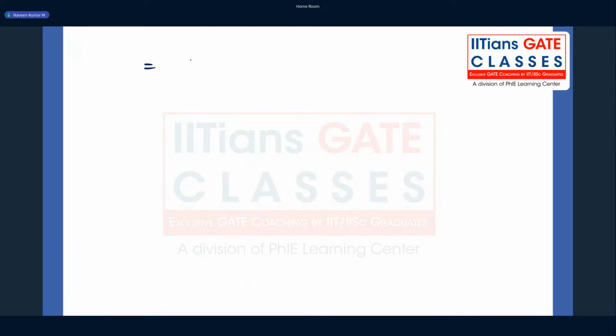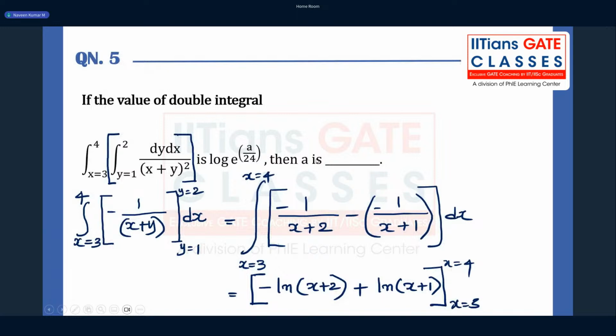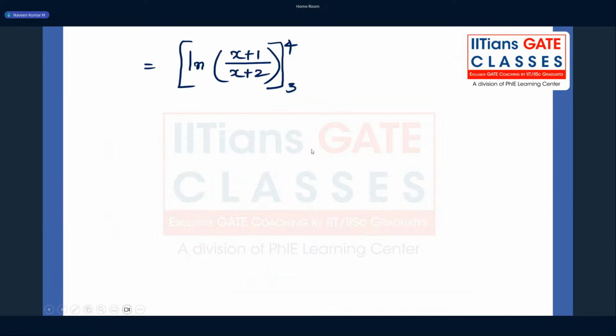So this will be ln of x plus 1 by x plus 2, and the integral limits are from 3 to 4, right? So directly we can substitute this and find out the answer.